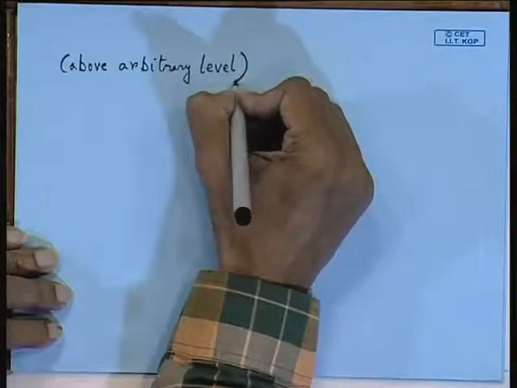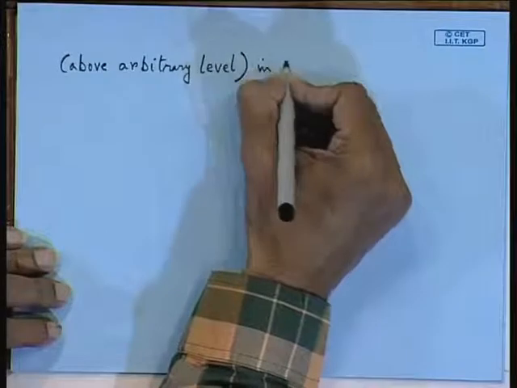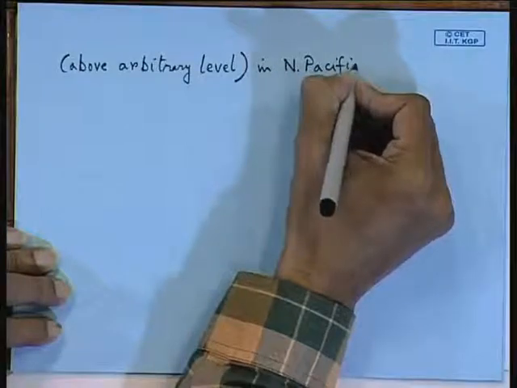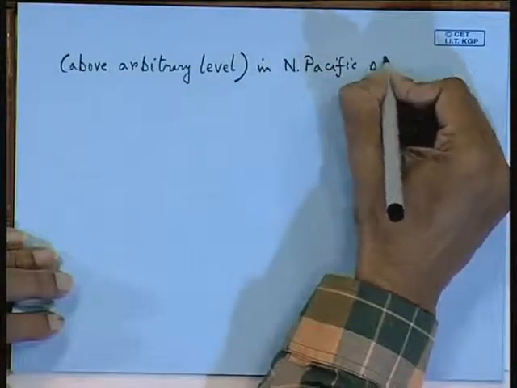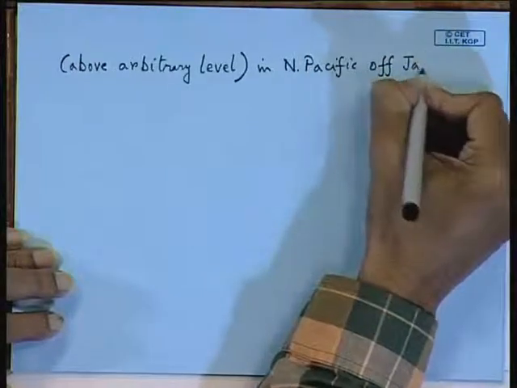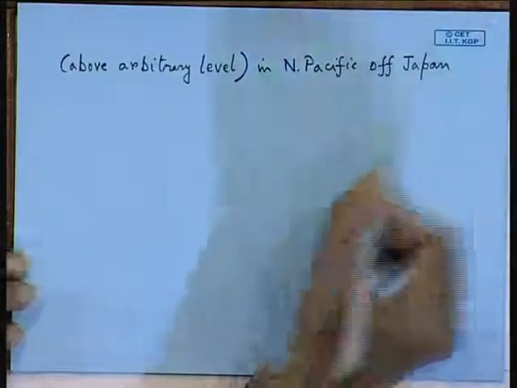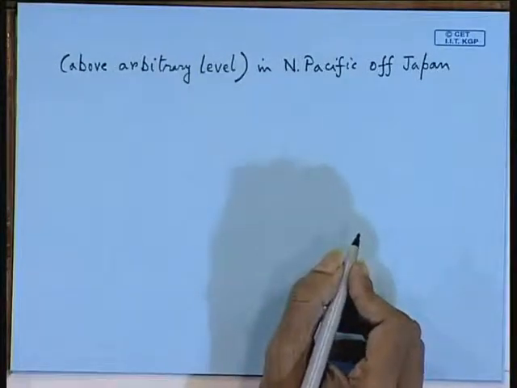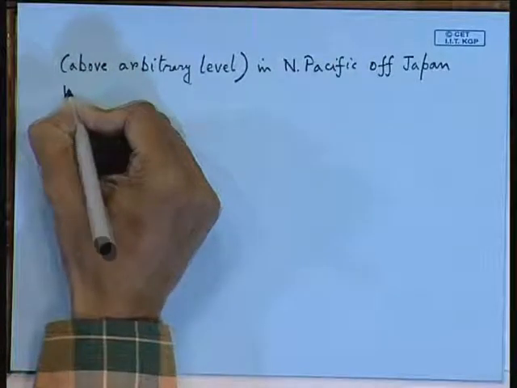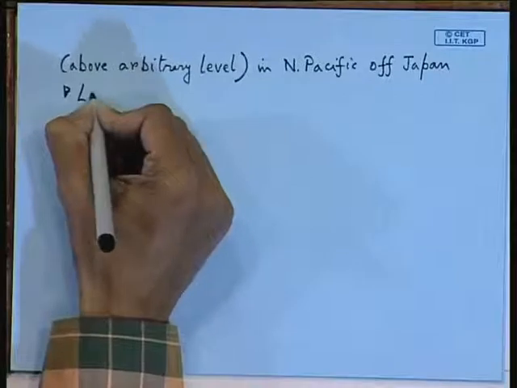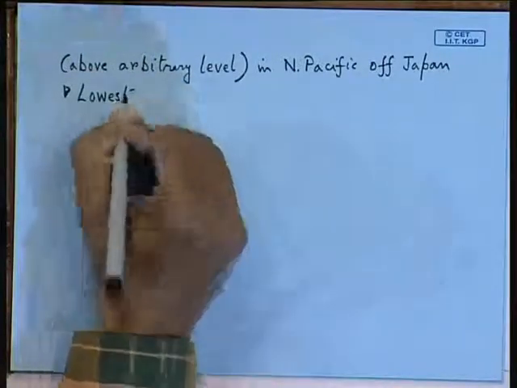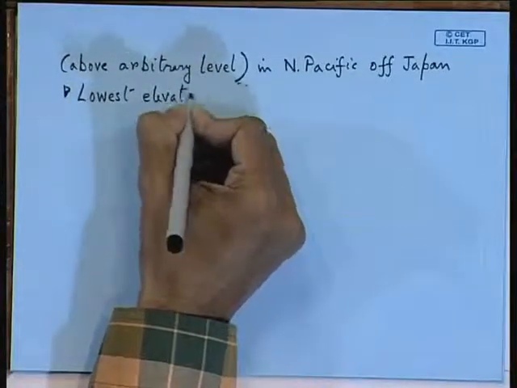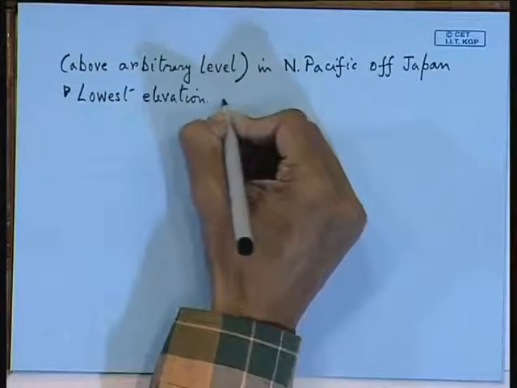And this occurs in North Pacific of Japan. This is of course the highest elevation. The smaller gyres you will have lesser, and the lowest he has given as lowest elevation occur near Antarctic.